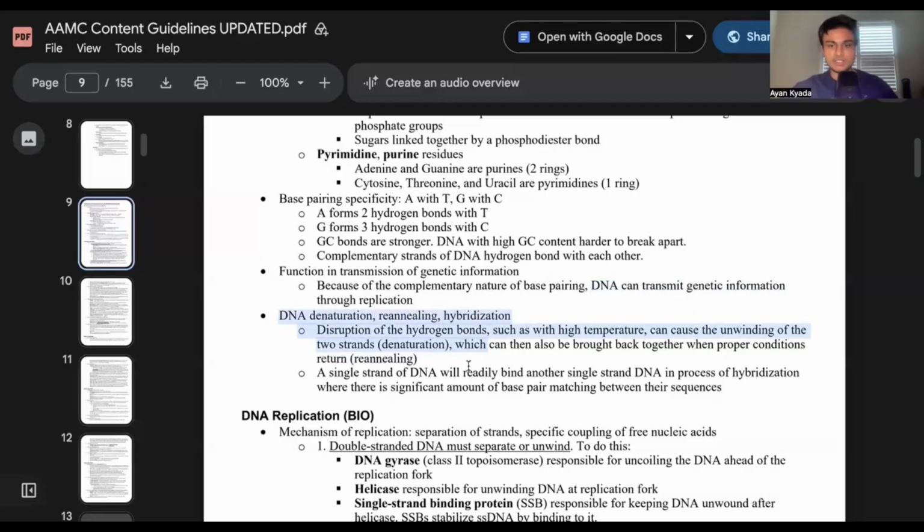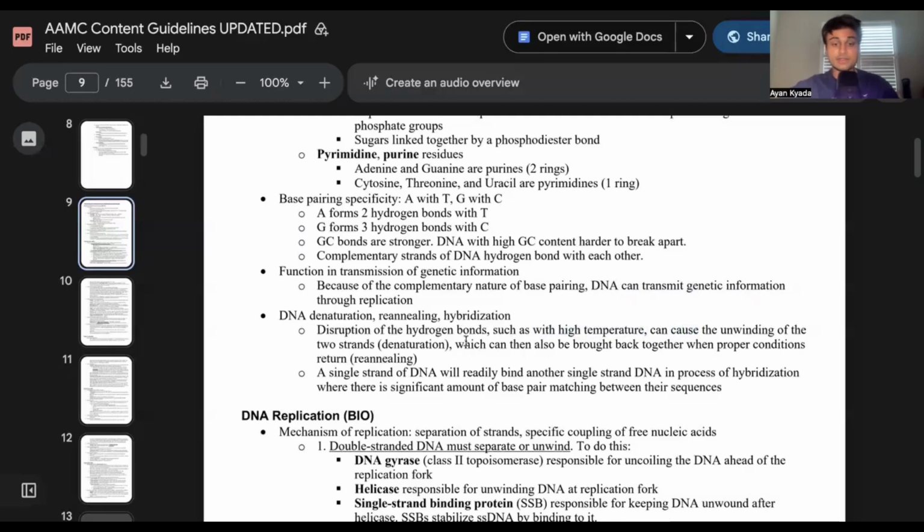First, we talk about denaturation and a common way that that's achieved. Denaturing just refers to disrupting the hydrogen bonds, splitting apart the 2 strands of DNA because you're disrupting the interactions that hold them together, most commonly with high temperature. It's going to cause the unwinding of the 2 strands.